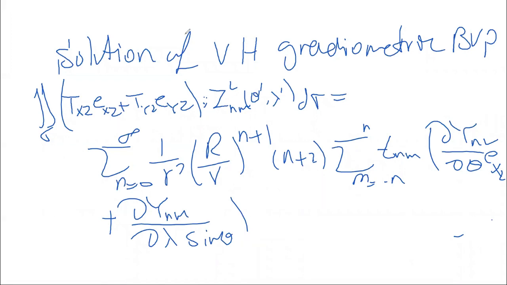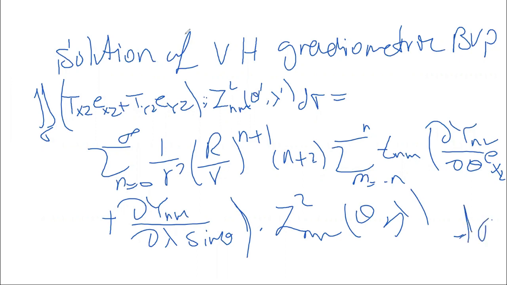So now if I multiply, then Z_nm of θ and λ, then it will not be difficult to see that this term is also orthogonal.